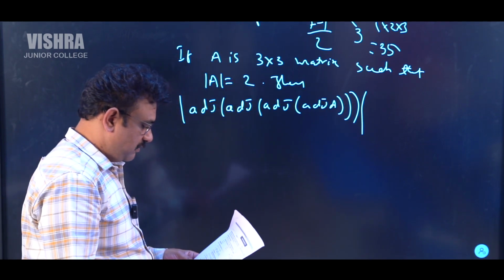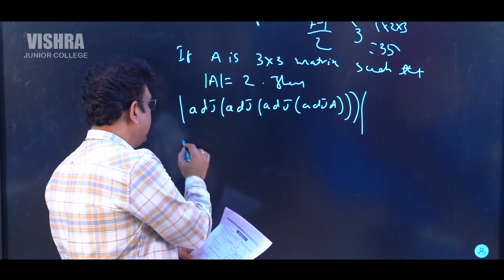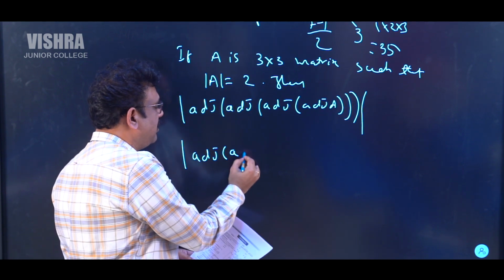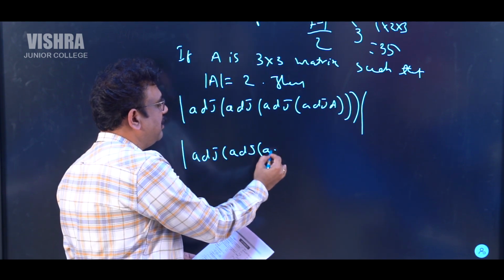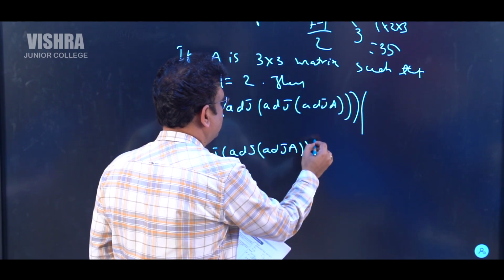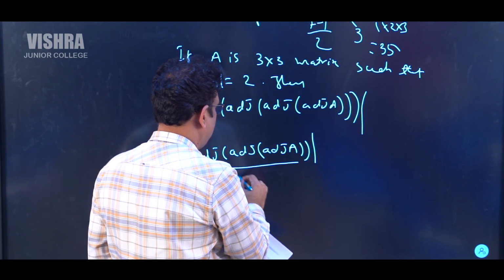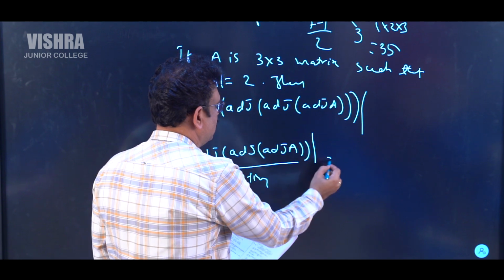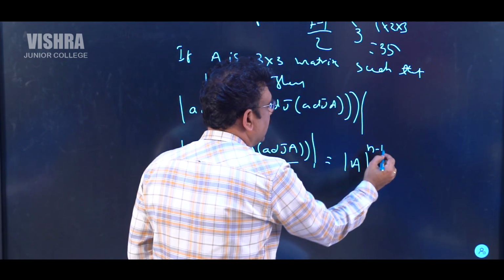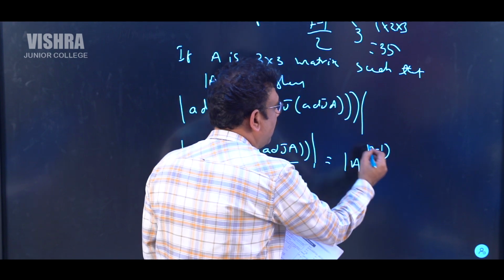So the formula for the determinant of the adjoint of A, repeated r times, is det A whole power (n-1) whole power r.